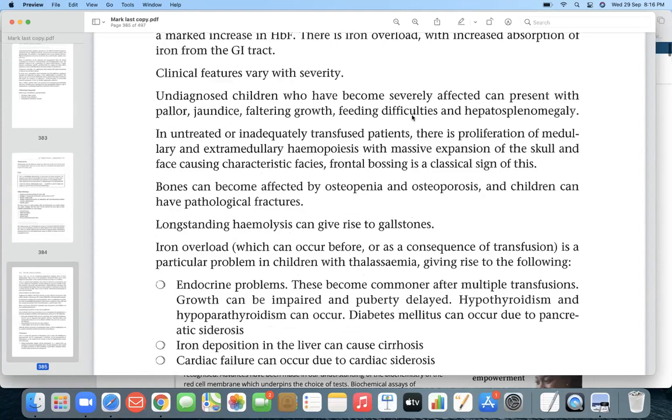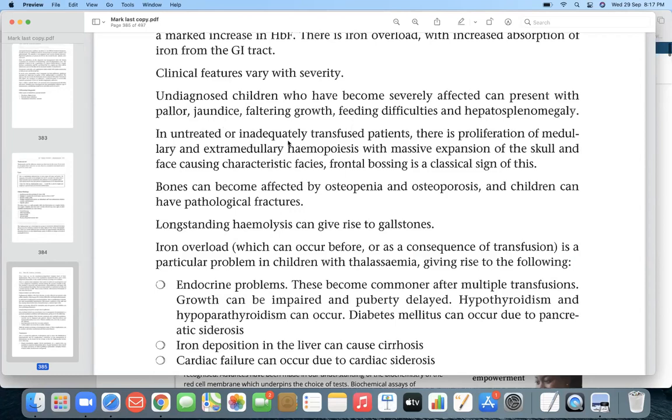Undiagnosed children who have become severely affected can present with pallor, jaundice, faltering growth, feeding difficulties, and hepatosplenomegaly. Untreated children presenting to you for the first time may have severe pallor, jaundice, and hepatosplenomegaly, even massive sometimes.